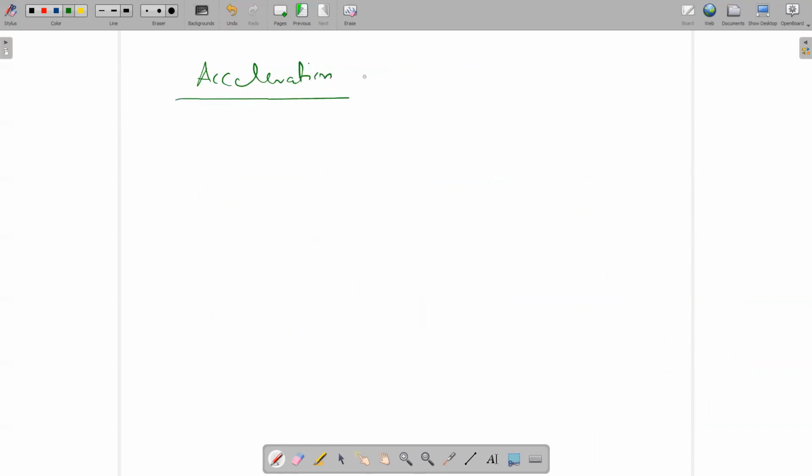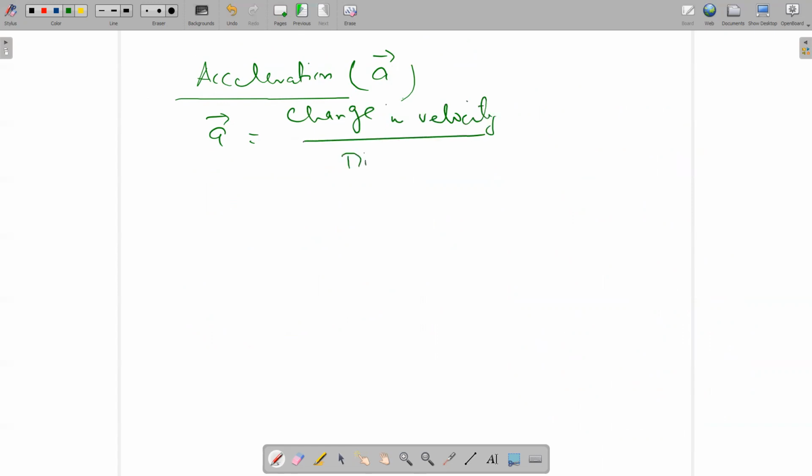So remember, acceleration is a vector quantity and it is defined as the change in velocity over time. And normally in high school physics, you define acceleration as a rate of change of velocity. Change of velocity is called acceleration.